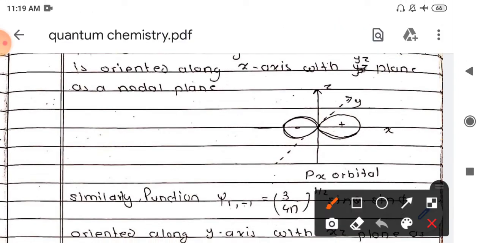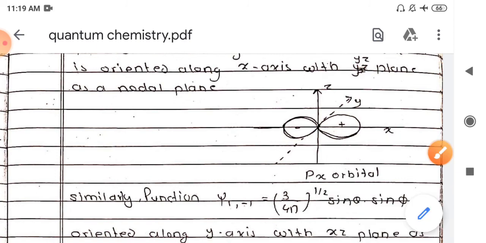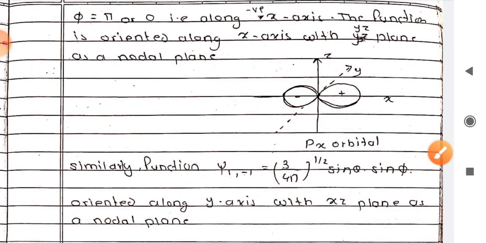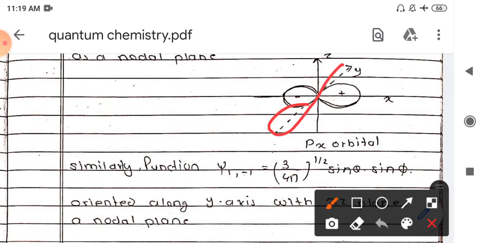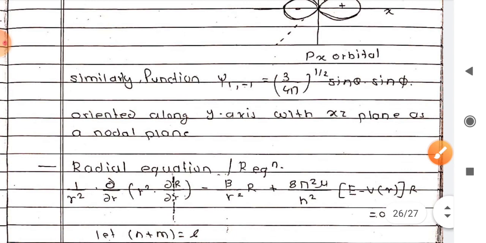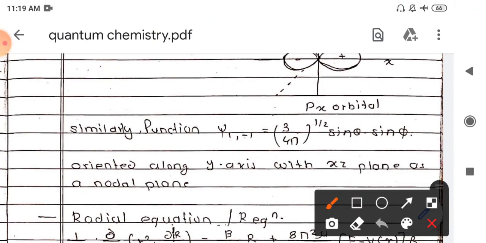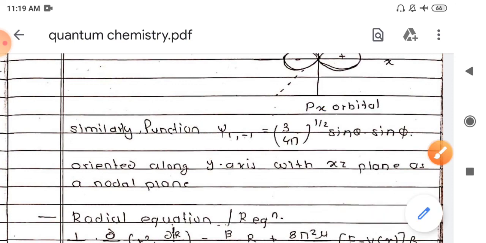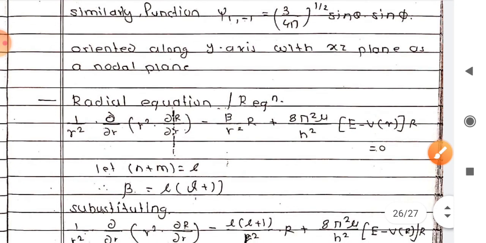Based upon that we can conclude the shape of the px orbital, and the py orbital will be along the y axis. For the px orbital the wave equation is under root of 3 by 4 pi sin theta cos phi, and for py it is sin theta sin phi. We are left only with the solution of our equation, which we will see in the next lecture.